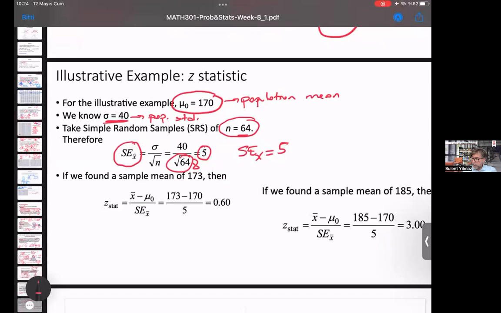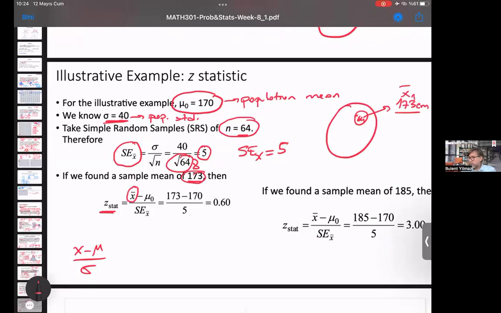Now I'm going to do the same thing again, x minus mu divided by sigma, right? Now I'm going to have the mean from the sample. I have this group, and I choose 64 people, and found 173 centimeters as my first sample mean.